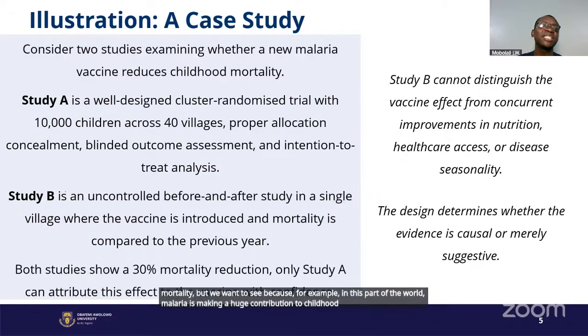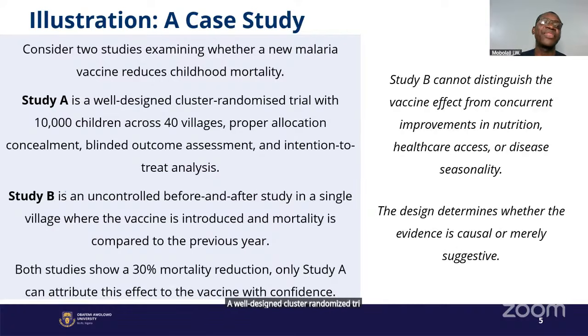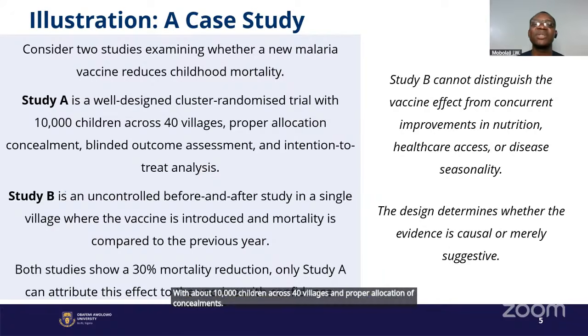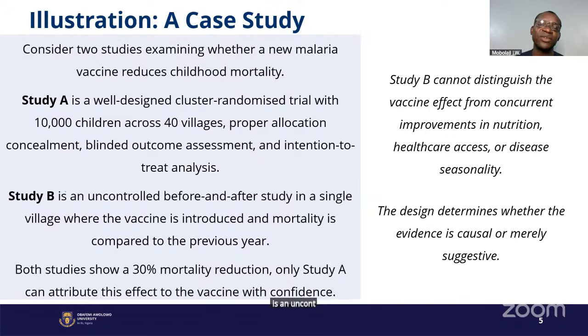So let's say study A is a well-designed cluster randomized trial with about 10,000 children across 40 villages and proper allocation concealment, blinded outcome assessment, and intention-to-treat analysis.